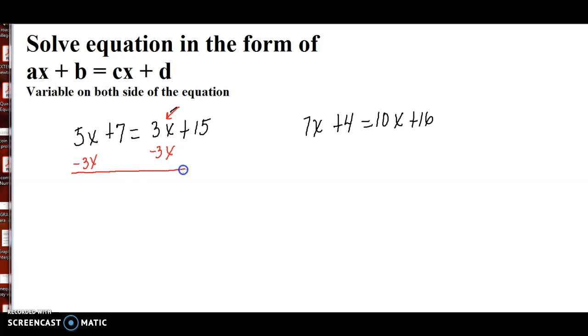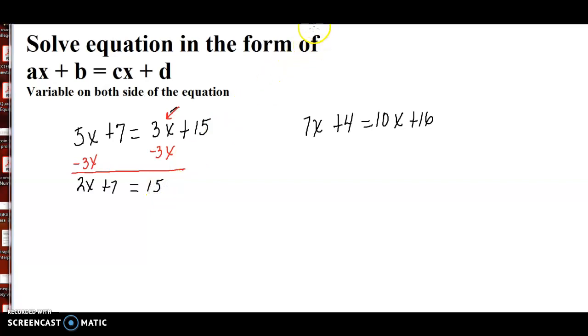When I subtract 3x from both sides of the equation, I'll end up with 2x. I'm going to bring down the plus 7. And that is said to be equal to, and 3x minus 3x is 0. So on the right-hand side, the only thing I have is 15.